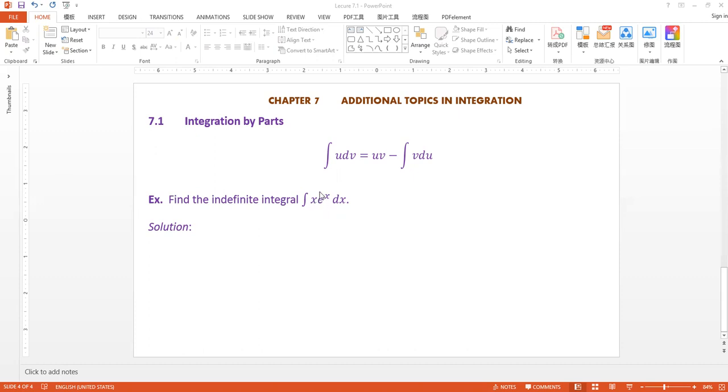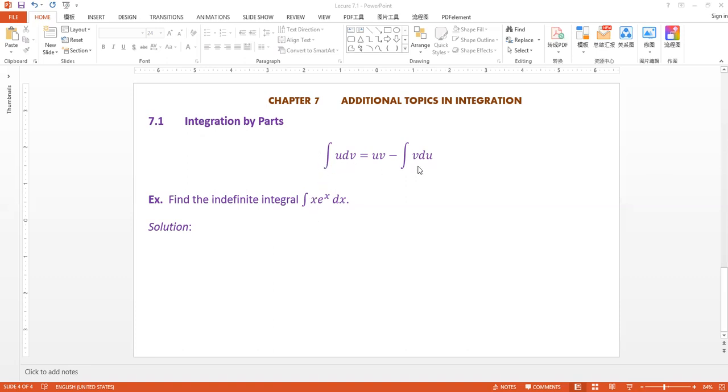So we are dealing with a product of two functions and we want to integrate it instead of differentiate it. Then we can use this formula for integration by parts, but we need to identify some functions u and v.